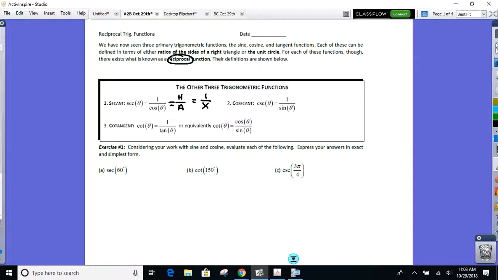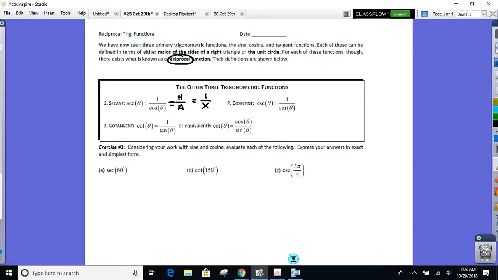All right, let's go to this next one, number 2. Cosecant. The abbreviation we're going to use is CSC. What am I going to do with that? I'm going to take whatever you get for sine and flip it. What's sine for SOHCAHTOA?